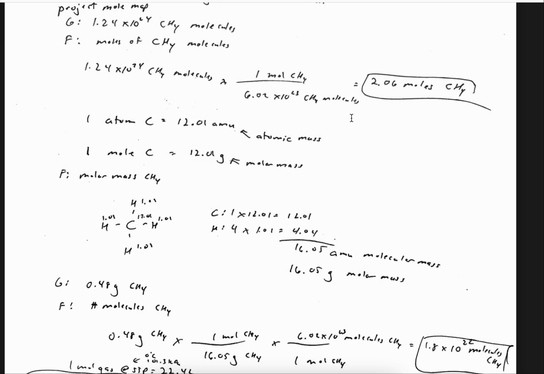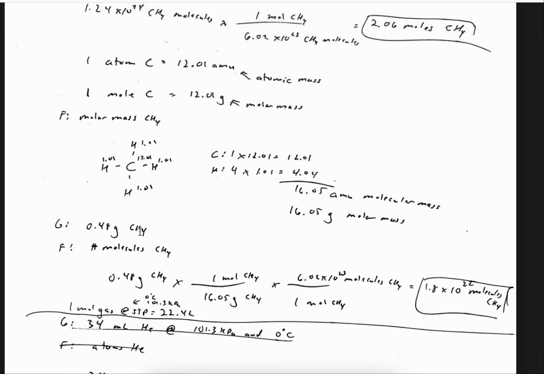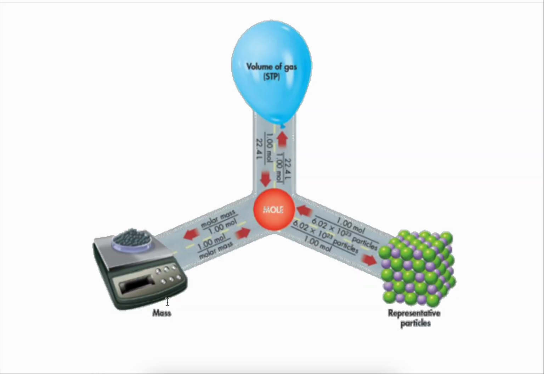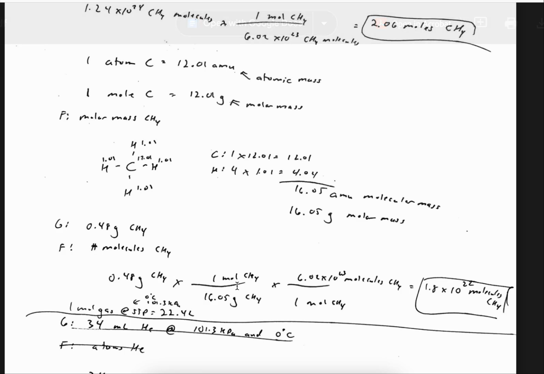That's the molar mass. And so if we have 0.48 grams of methane, we can convert into molecules of methane by going from grams. We'll next go into moles by going to the right, by multiplying by this unit conversion factor, 1 mole over the molar mass of methane. So we had 0.48 grams of methane, then multiply by 1 mole of methane over 16.05 grams.